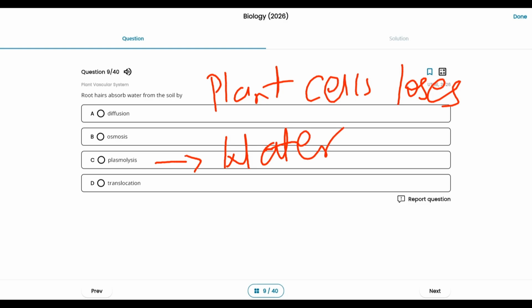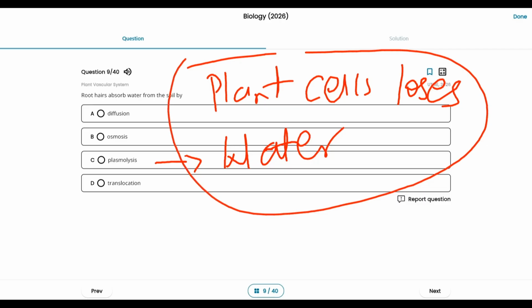When a plant cell loses water, okay? When a plant cell loses water, causing the cell membrane to pull away from the cell wall. So, we already know that plasmolysis is about a plant losing water.